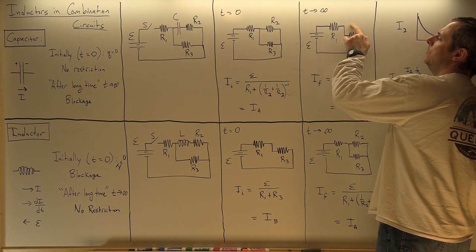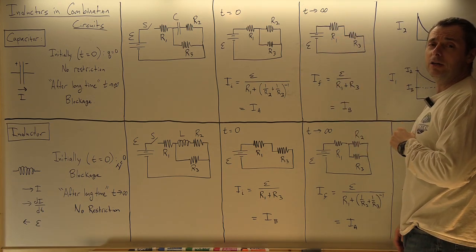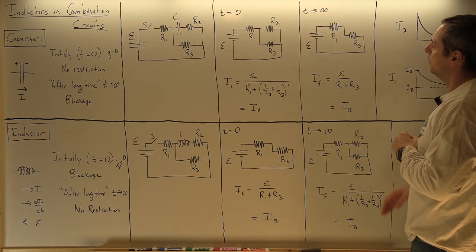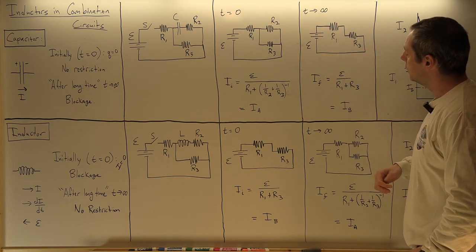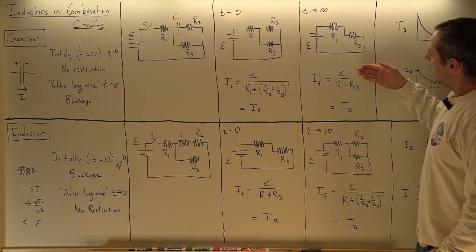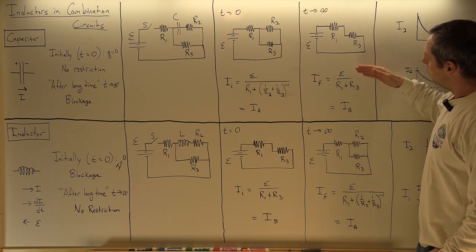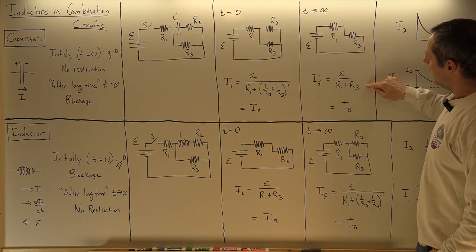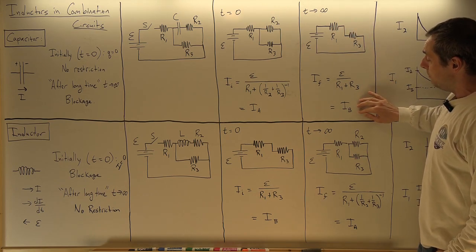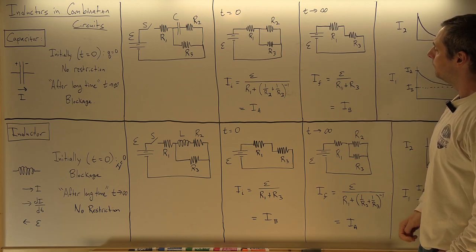It's as if R2 and the capacitor aren't even here anymore to the battery. So the only part the current is driving through is these two resistors. And so the final current is total volts over total resistance, a simple series circuit. And I'm just going to label that IB for convenience for later.